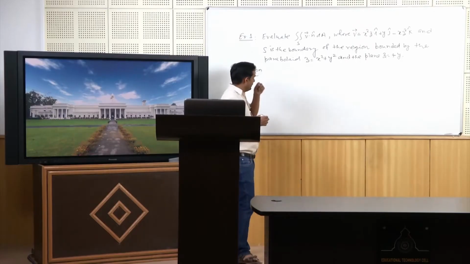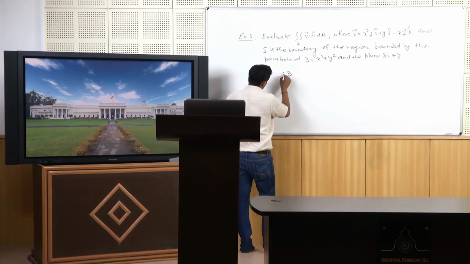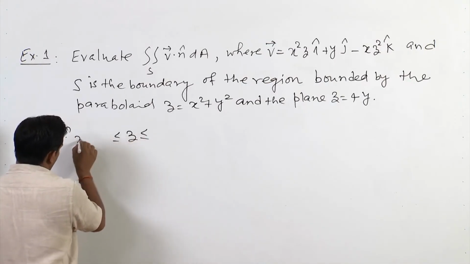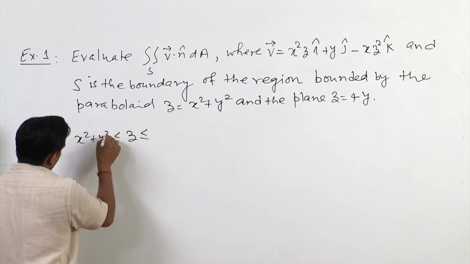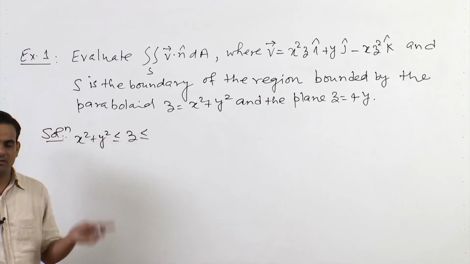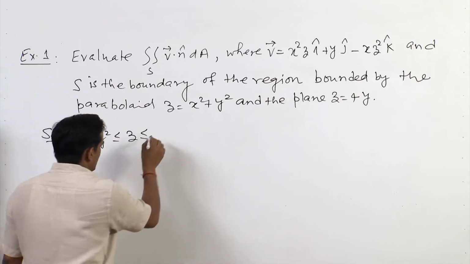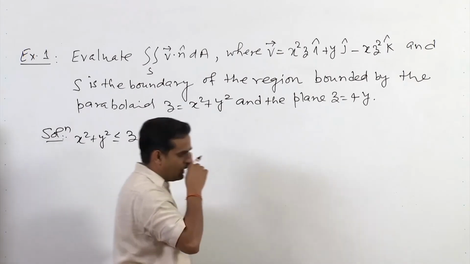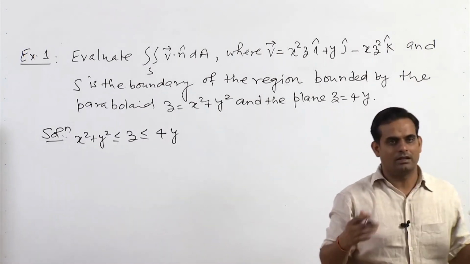So, let us solve it. Here the range of z is clearly given: it is from x squared plus y squared, the surface of the paraboloid, to the other one, the plane z equals 4y.